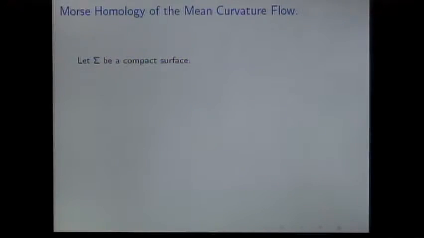I'm interested in studying immersions, generally speaking, immersions of constant curvature or immersions satisfying elliptic PDEs. Now, let sigma be a compact surface, usually a sphere, and let E be the space of smooth embeddings of sigma into M. So E is this.